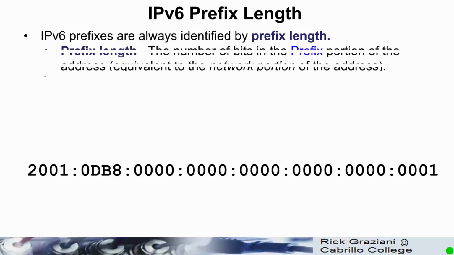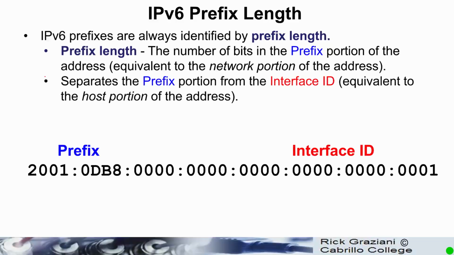So the prefix length is the number of bits in the prefix portion. Again, that's equivalent to the network portion of the address. It separates the prefix portion from the interface ID, which is the equivalent to the host portion. So again, we have essentially host and network, but we call them prefix and interface. Let's assume we have a prefix of 32 bits.